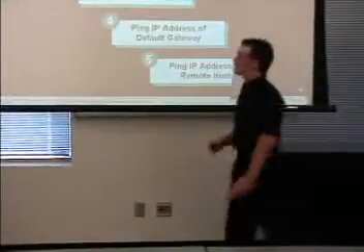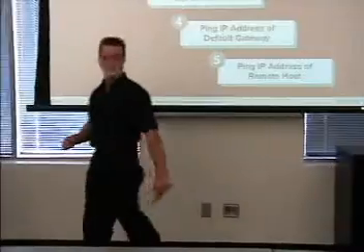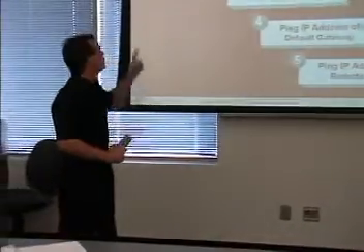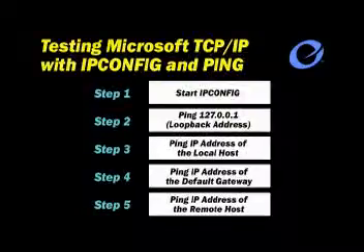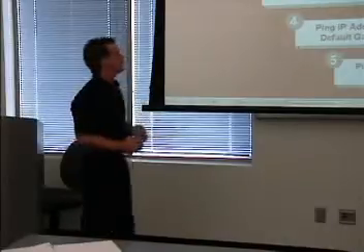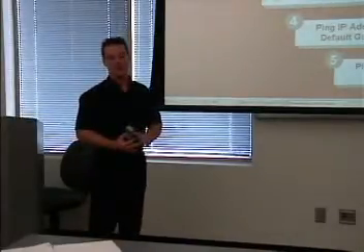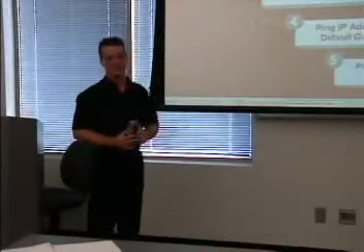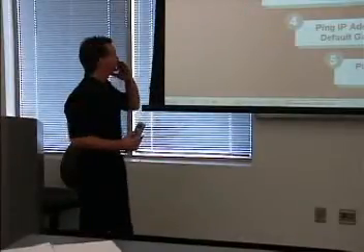The first step in verifying communication is from a DOS prompt. We type in the keyword ipconfig. Once we type in ipconfig and press enter, it then lists all of the IP address, subnet mask, default gateway. We can also verify the configuration of a WINS server, DNS server, and many other options.